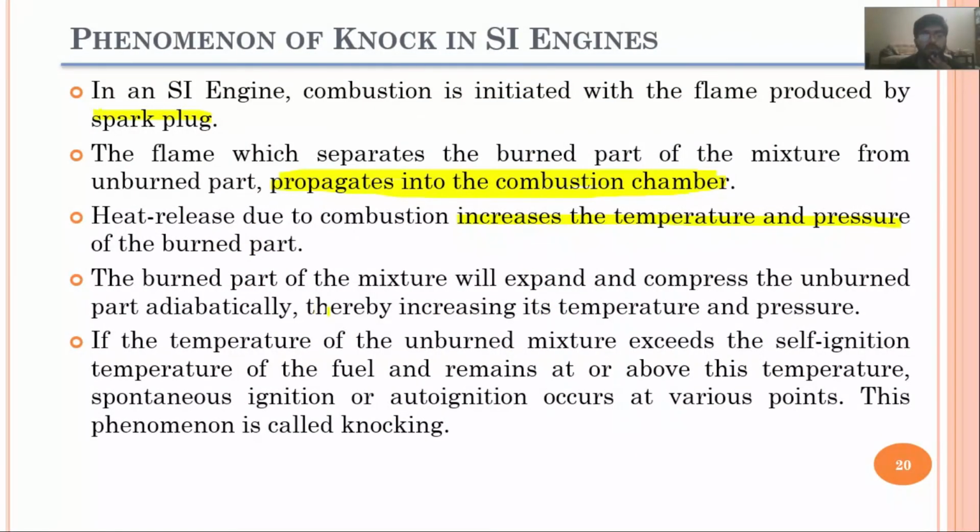So again, moving back, I will just complete this part: the burnt part of the mixture will expand, and it will compress the unburned part, the afterward layers, thereby increasing its temperature and pressure.